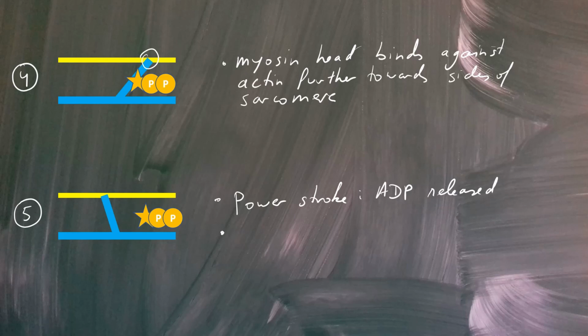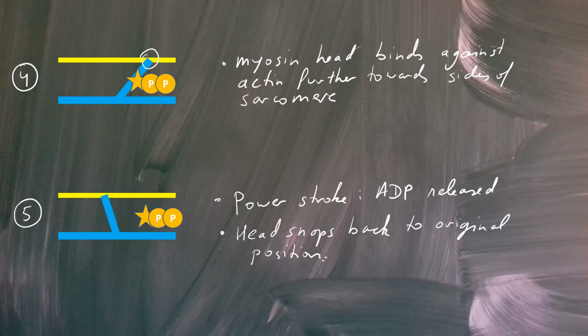And the potential energy of the head snaps backwards. Actually, the power stroke is not the ADP being released, but the head snapping back to the original position.